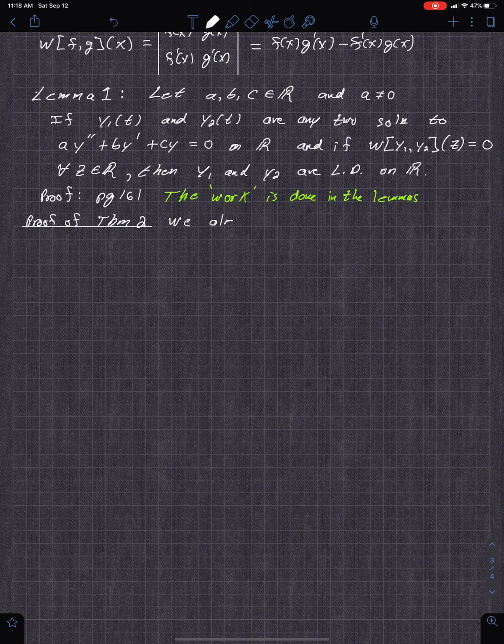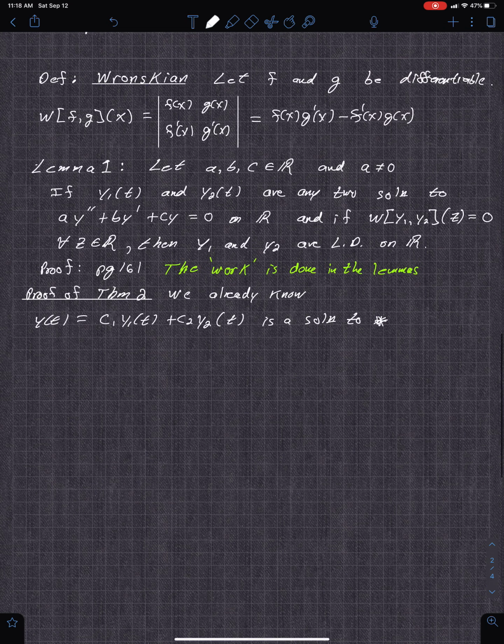So we already know that y of t equal to c1 y1 of t plus c2 y2 of t is a solution to, I'll just do star, so to this above. So it's already, we'll just do it like that.